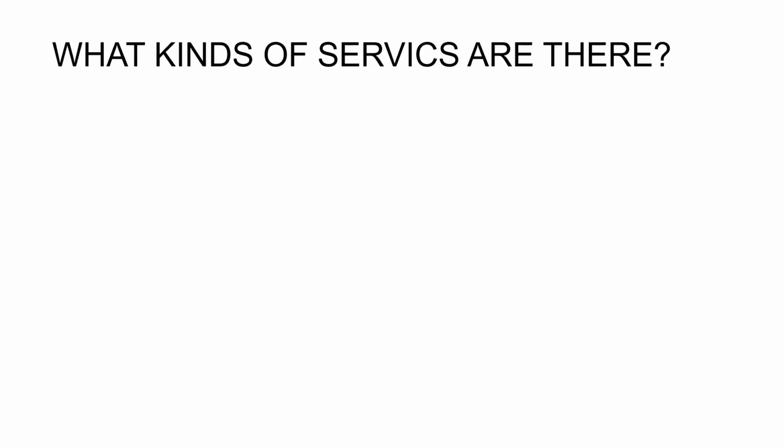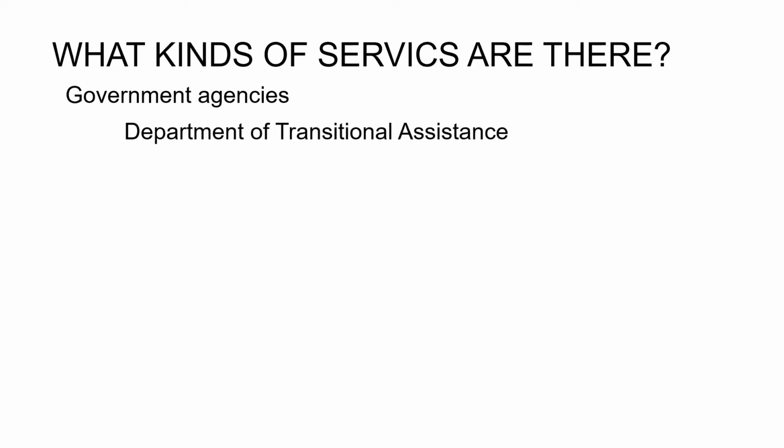So what kinds of human services, social services are there? There are a lot. Well, let's start with there are actual government agencies, members of the federal government, the state government, your city government. One example would be the Department of Transitional Assistance.